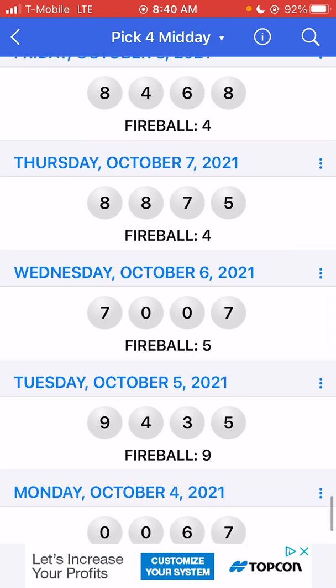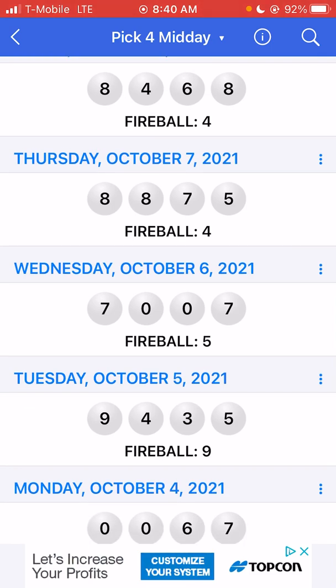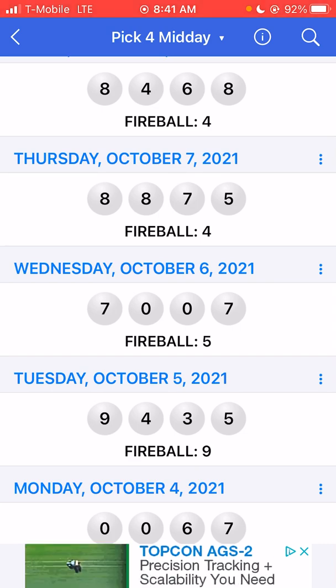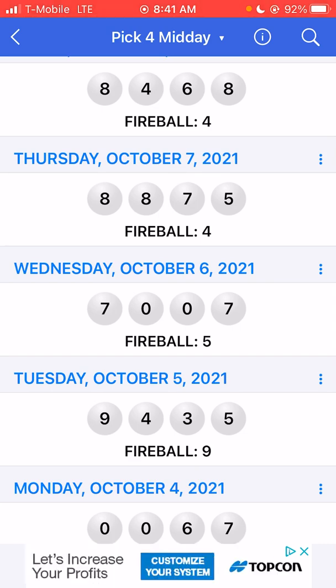Okay, well, I'll use this as an example, but it may not work. I'm predicting double, but anyway, you got 8 and 8, and 4 and 6. So those are two of the same number and two different ones. If I were to play these numbers, I would play the 8, 4, and 6 as a box.